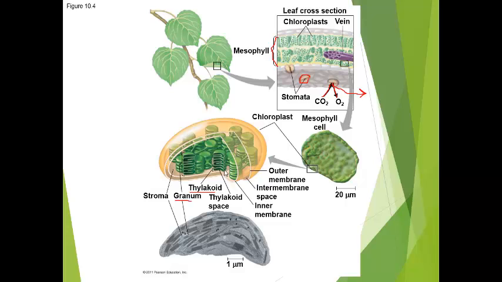Chlorophyll is the green pigment that's going to make a plant green, and it's also going to be the pigment responsible for absorbing the energy in sunlight. The fluid outside of the grana is called the stroma, and the stroma is going to play an important role in the second part of photosynthesis, or the second stage of photosynthesis.